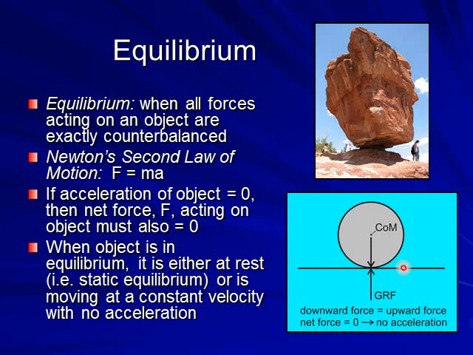So to be in an equilibrium situation where it's not moving, we know that the ground reaction force, with the ground pushing upwards on the ball, must be exactly equal to the force from the ball caused by gravity accelerating its mass toward the ground. Those two forces, the upward force from the ground and the downward force from the ball, must be equal to 0 so that no acceleration is occurring.